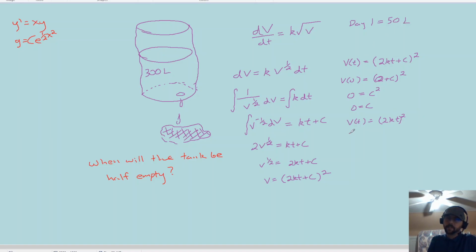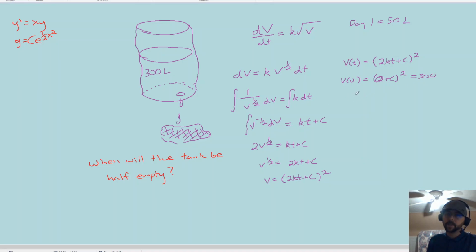So 50 is our volume. Wait, I didn't do that right. This wasn't supposed to be 0. So v of 0 is equal to 300 liters.